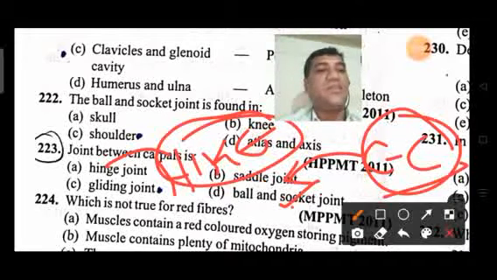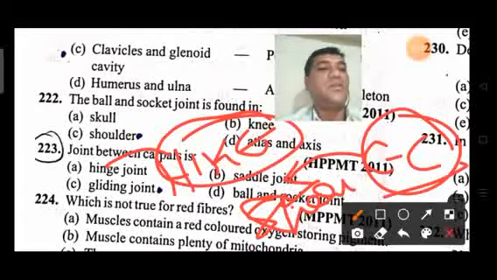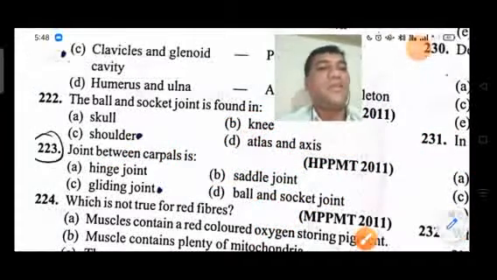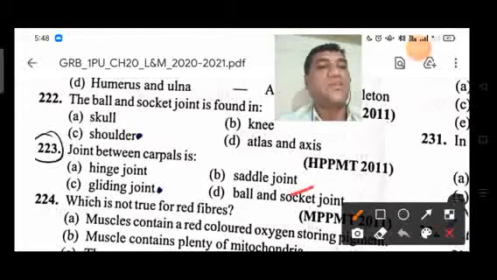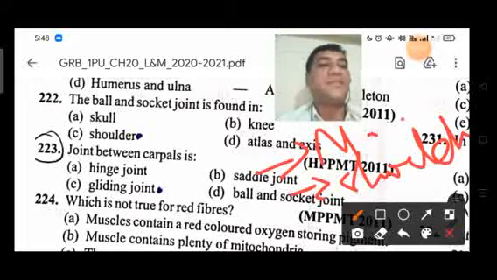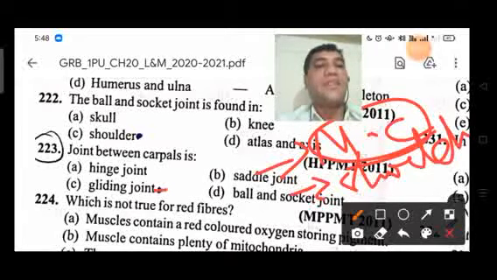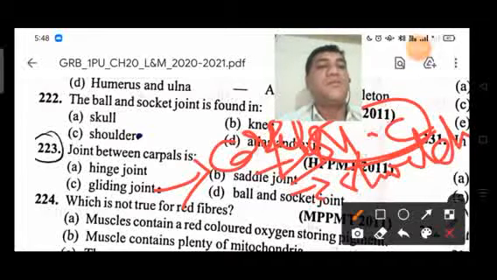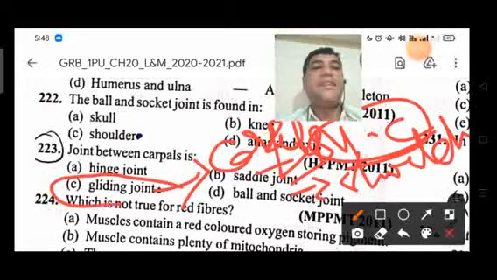Ball and socket joint is present in the shoulder or upper limb. Saddle joint is between metacarpals and carpals, and gliding joint is present between only the carpals. So the answer is gliding.